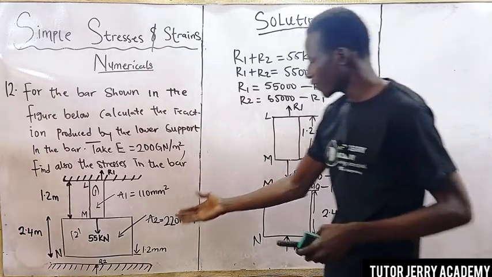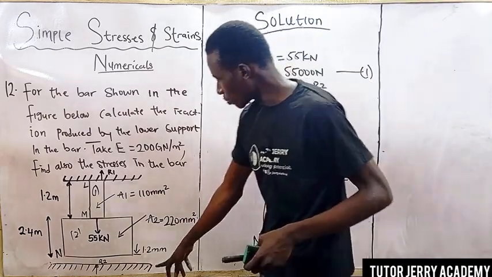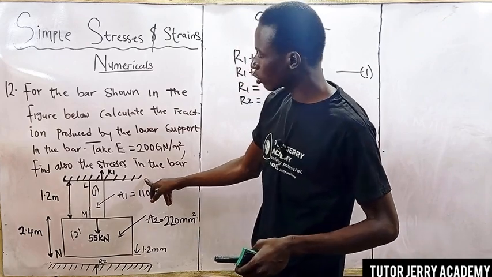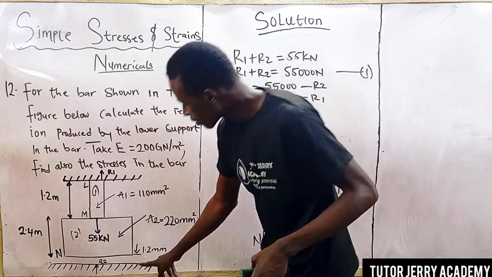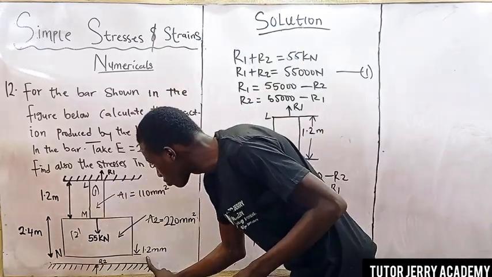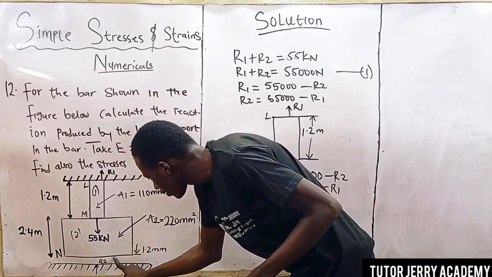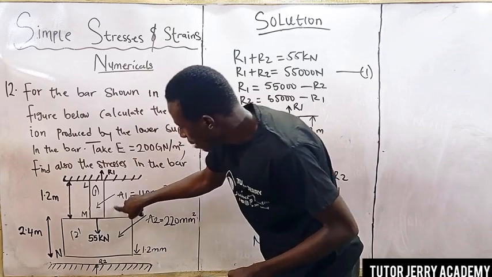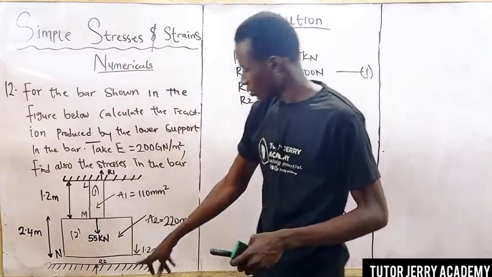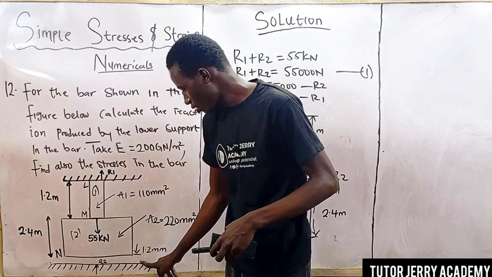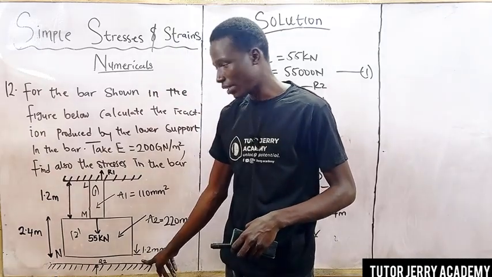If you look at this diagram very well, we have one end fixed and the other end fixed. That is, the total extension of this bar will be 1.2 millimeters, because we are expecting this bar to expand up to this point.